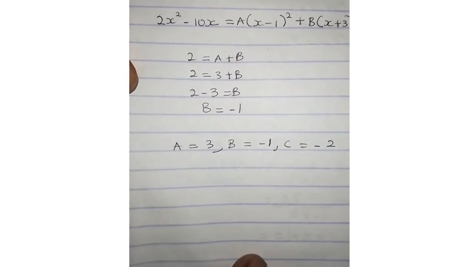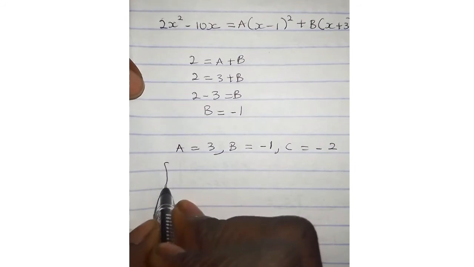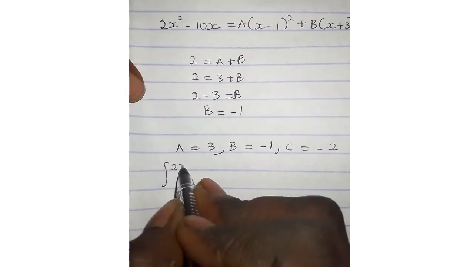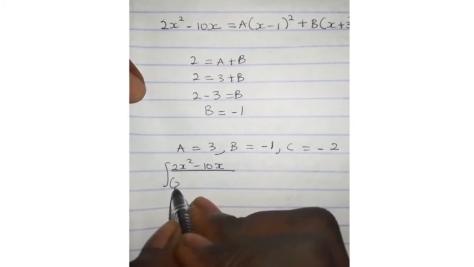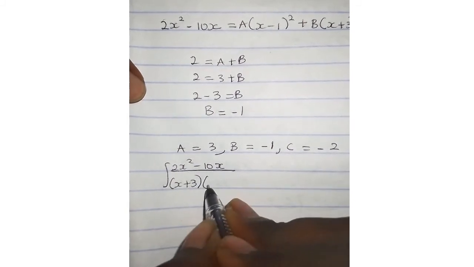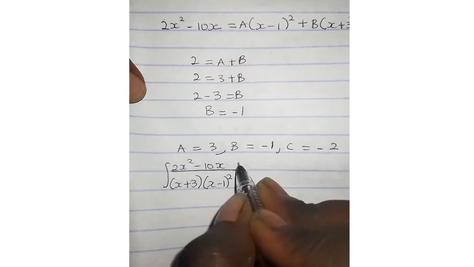So now we're going to have the integral of (2x squared minus 10x) over (x plus 3)(x minus 1) all squared dx.